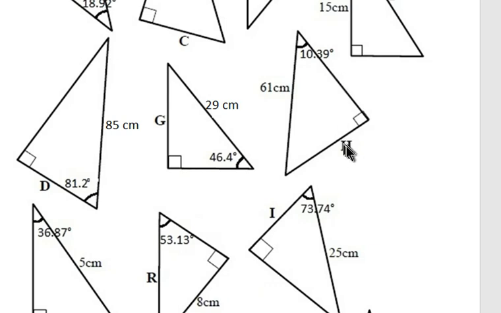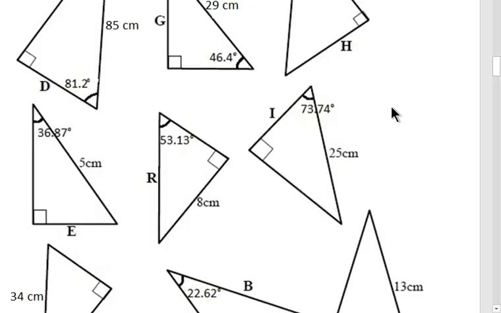In this case, it's a letter that's opposite. We're trying to find out what that is. It's opposite to 10.39. When it's opposite, we use sine. 61 sine 10.39. Press equals and you'll find what H is. Scroll down and do a few more.